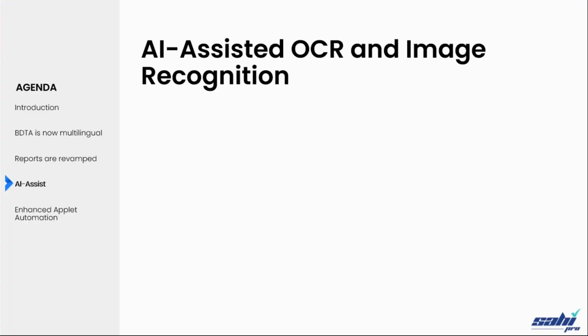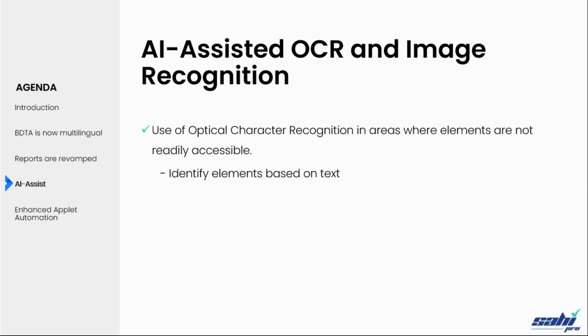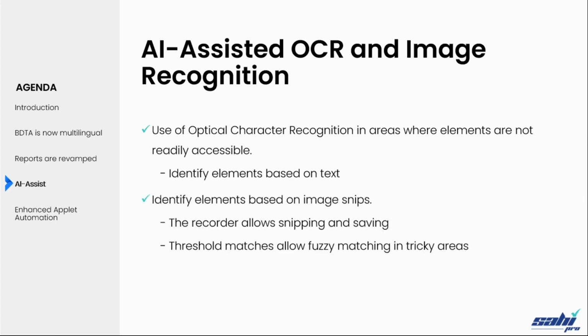AI-assisted OCR and image recognition. The new add-on uses optical character recognition, also known as OCR, in areas where elements are not easily accessible. Apart from text, it can also use image recognition to identify the elements.